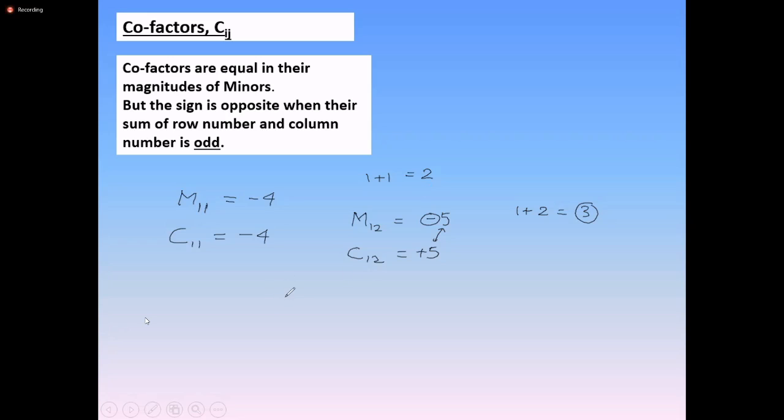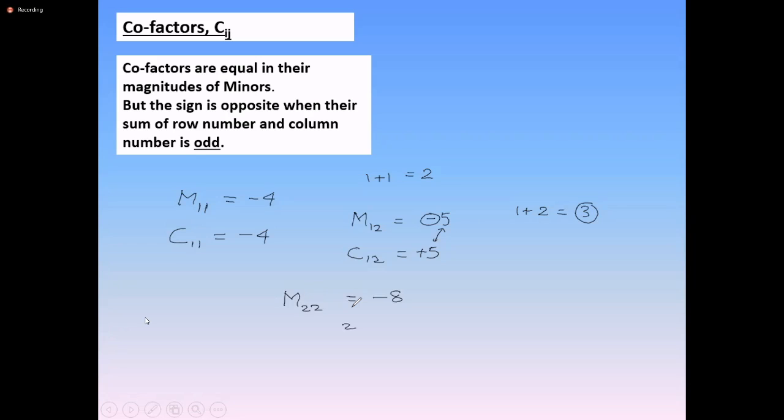For example, let's say M22, the second row second column element, is minus 8, because here 2 plus 2 is not an odd number, that is an even number.